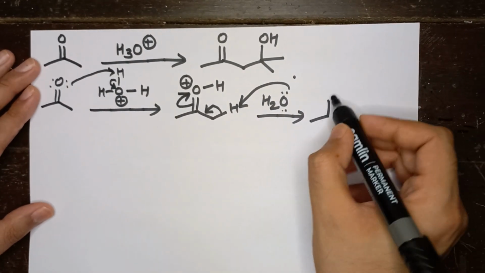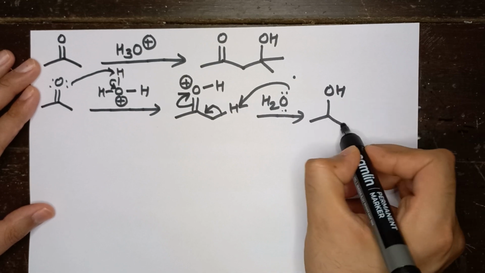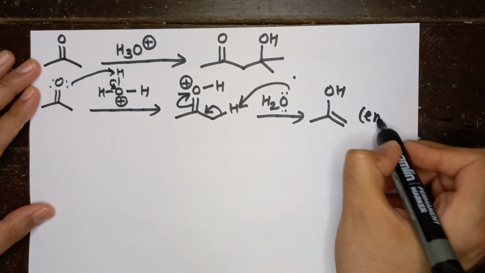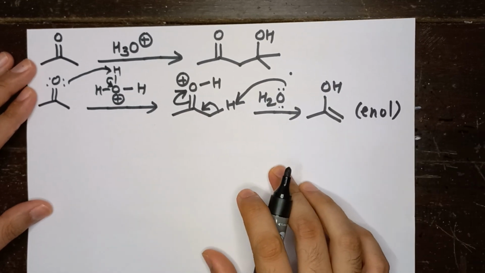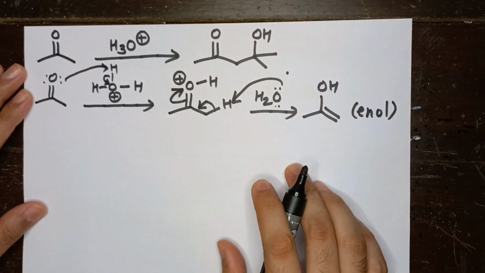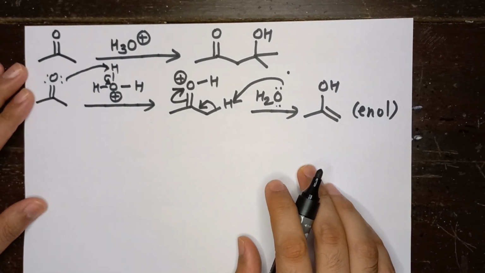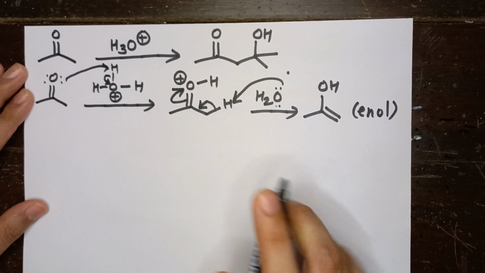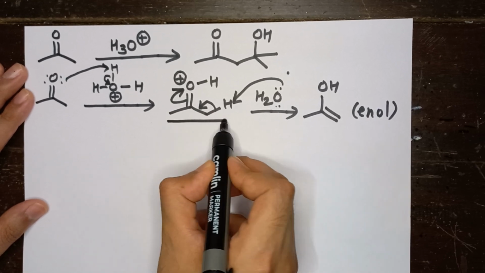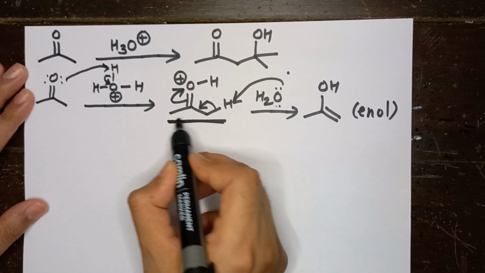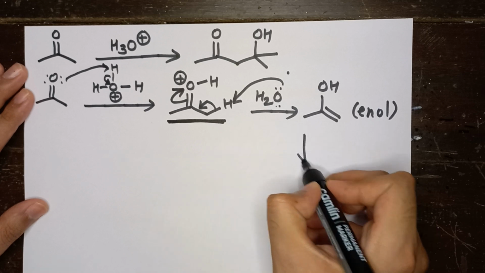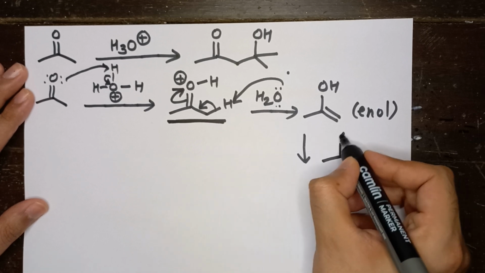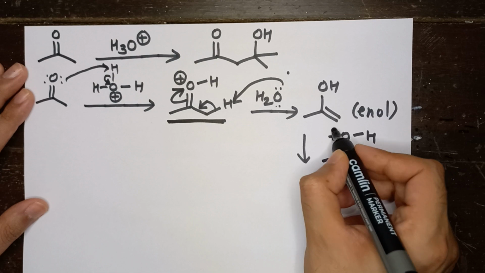So we have generated an enol intermediate. Now this particular intermediate will come back, along with the intermediate formed in the previous step.